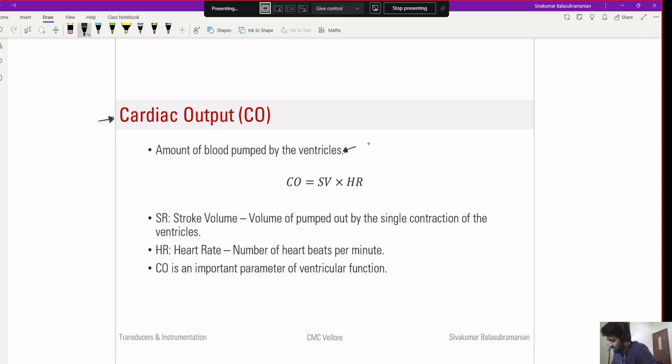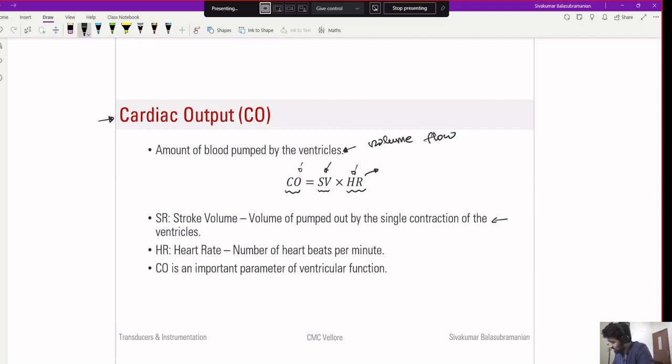This is again volume flow, and the definition is cardiac output is simply stroke volume multiplied by heart rate. We're looking at average numbers here. Stroke volume is the total volume of blood that is pumped out by the heart during each contraction.